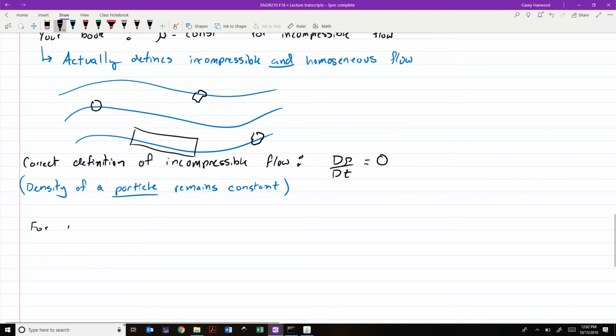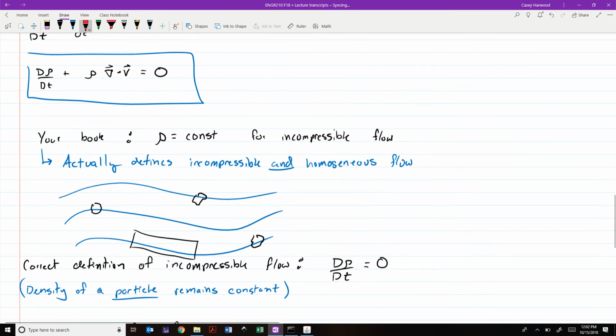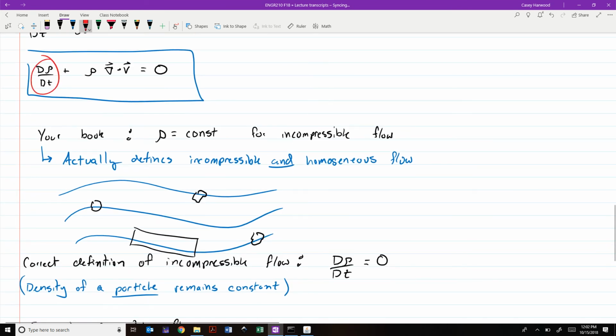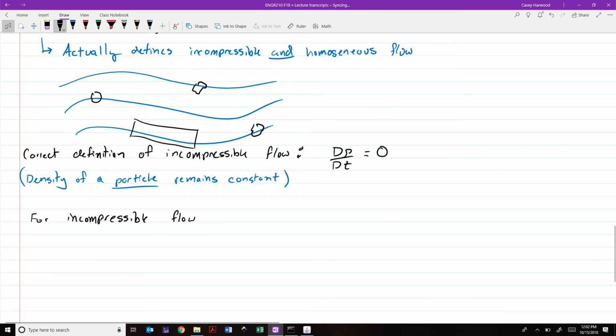So for incompressible flow we can send this term here to 0 and say that rho grad dot v is equal to 0.